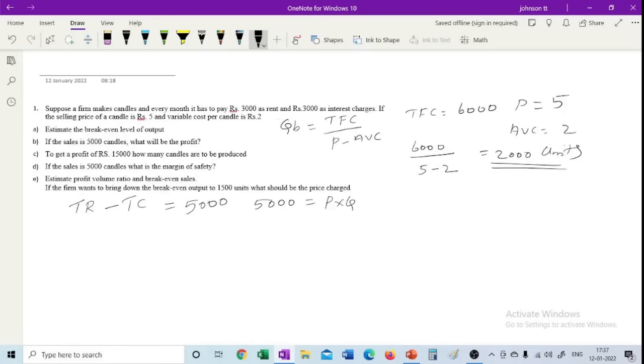So we have to find out the profit. Profit is not given, we have to find out the profit only.